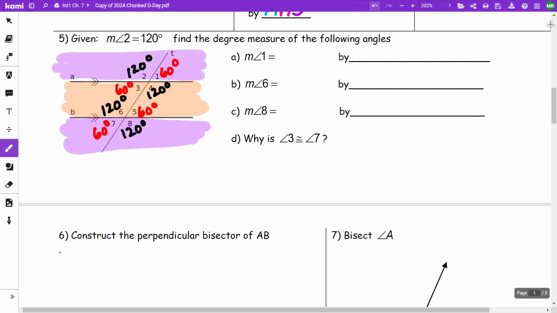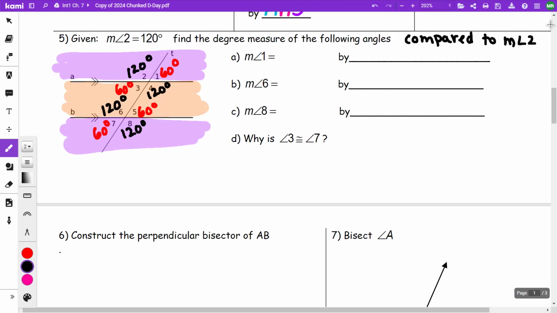Okay, so find the measure of the following angles. On the test, they're going to say, find the measure of the following angles, and the relationship is going to be compared to the measure of angle 2.